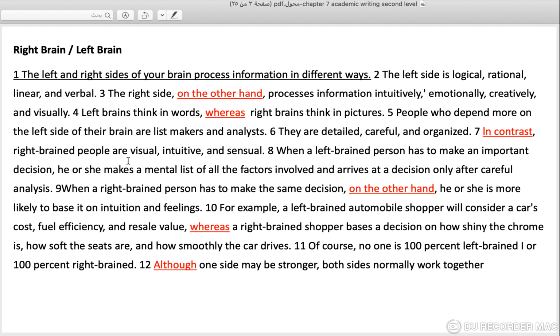Although one side may be stronger, both sides normally work together. هنا عندنا طبعا مقارنة بين الجزء الأيمن والأيسر للدماغ. إذا لاحظنا استخدم هواي كلمات تدل على المقارنة، قارن بين السايدز بين الجهتين للدماغ، انطى examples، وأيضا concluding sentence أيضا كانت فيها بعض المقارنة.